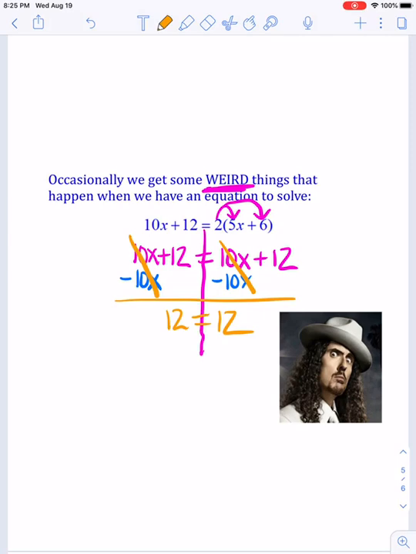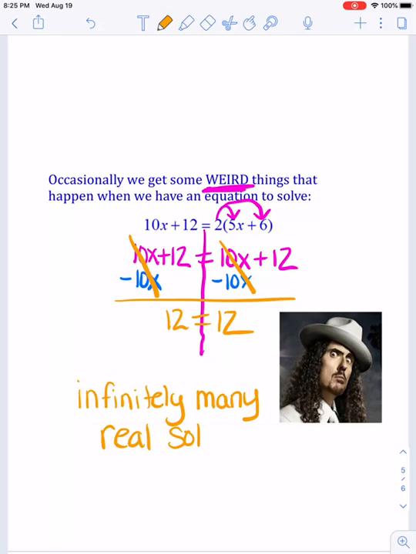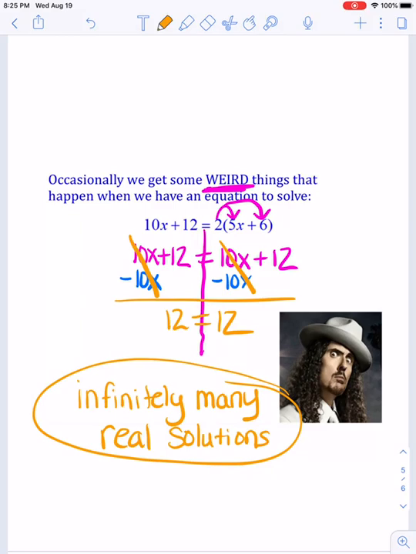This means that for our solutions, we have infinitely many real solutions. Infinitely many solutions.